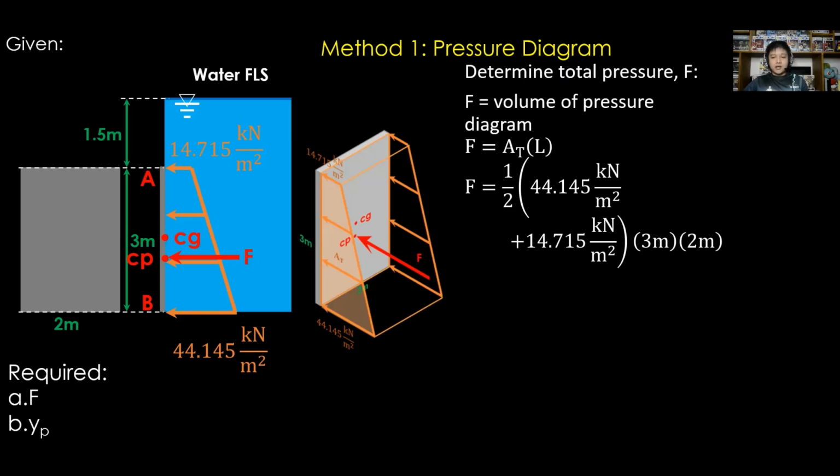After we compute the area, multiply the following to the width of the surface, which is 2 meters. Thus, F is equal to 176.58 kilonewtons, that is towards the surface.